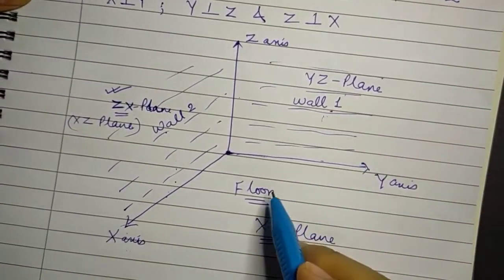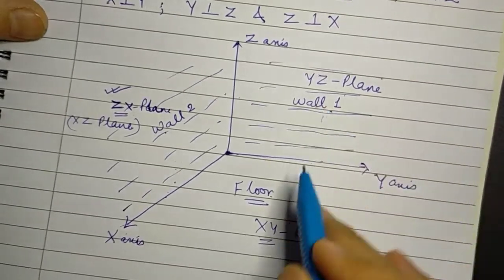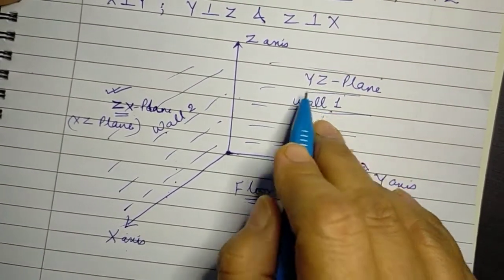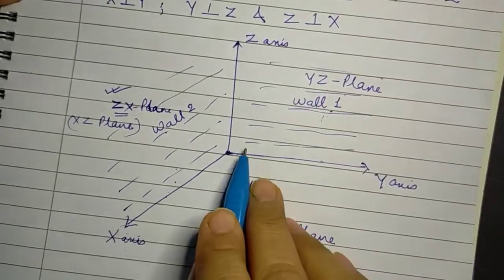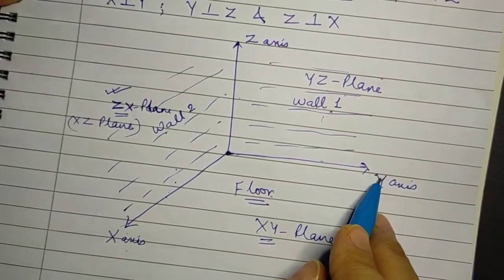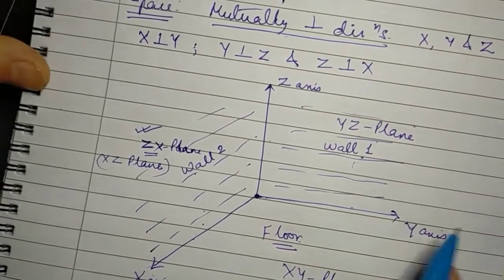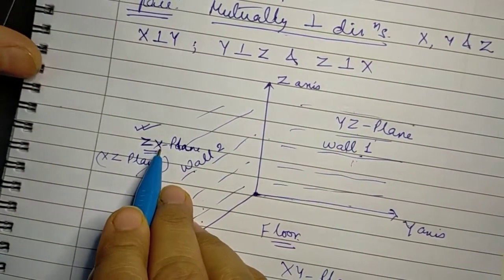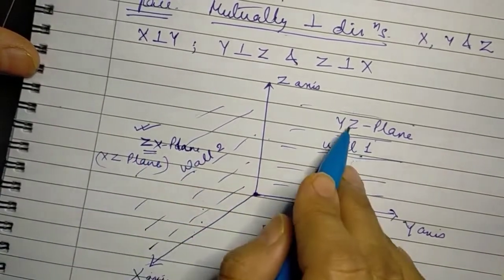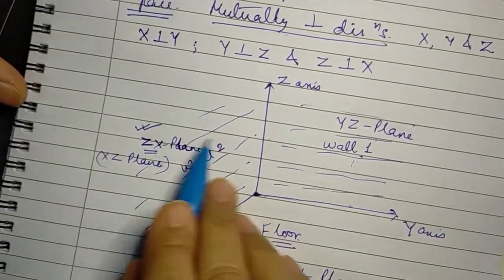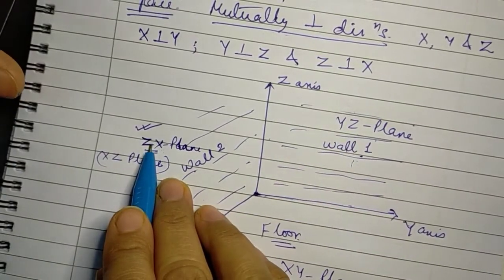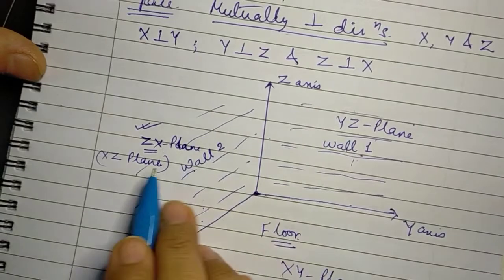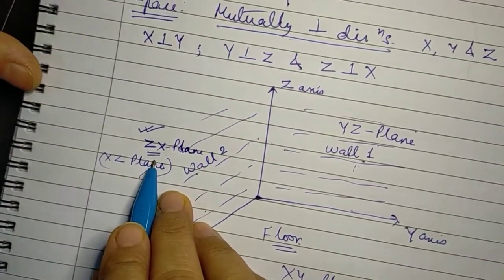Here, if you see the floor and wall 1, this is the xy plane and the yz plane, so the common thing is y, and the common line is called the y-axis. On the same lines, these two walls, the yz plane and the zx plane, the common thing between the two is the z coordinate, and so the z-axis is the line dividing the yz and the zx plane.